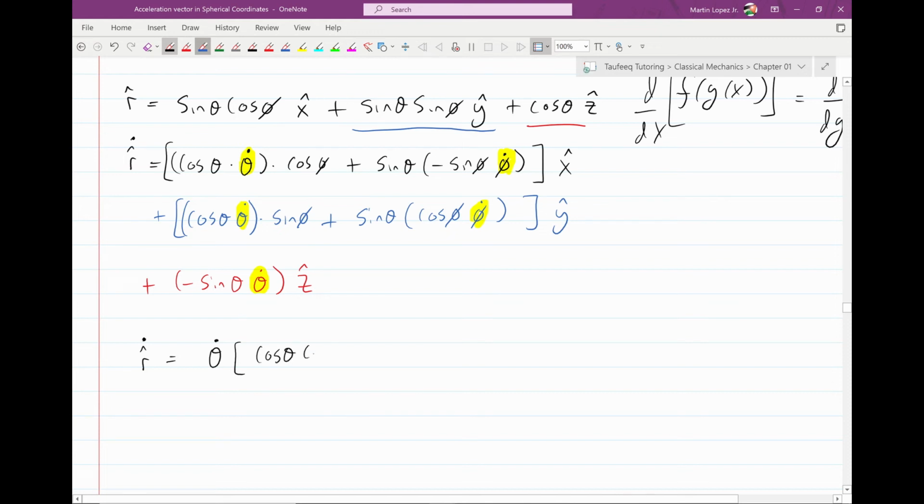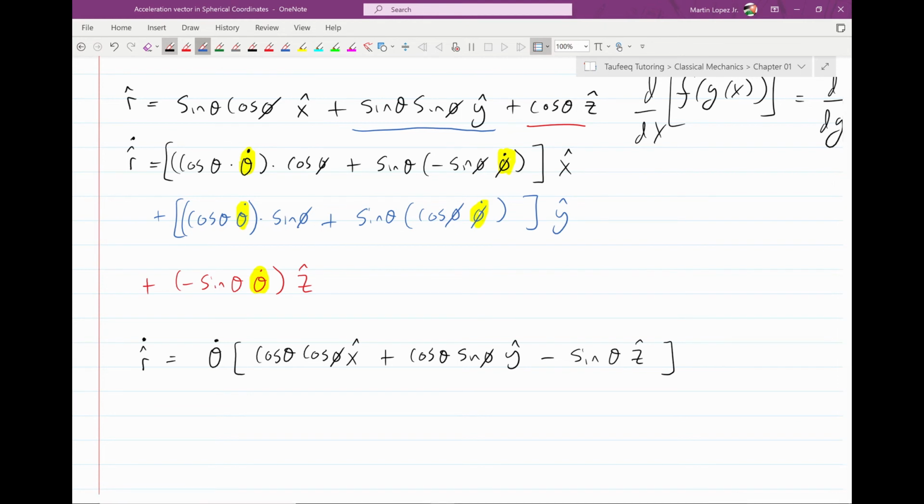So we have theta dot, and this is cosine theta cosine phi x hat. There's an x hat there for that term. Plus cosine theta sine phi y hat minus sine theta z hat.